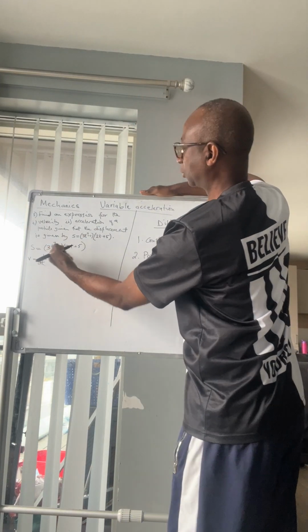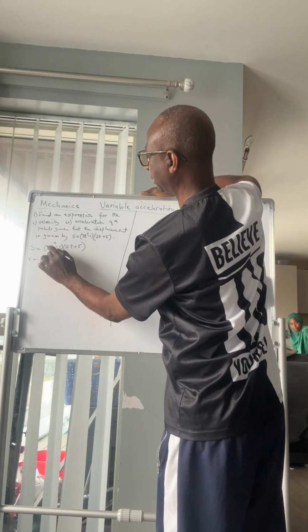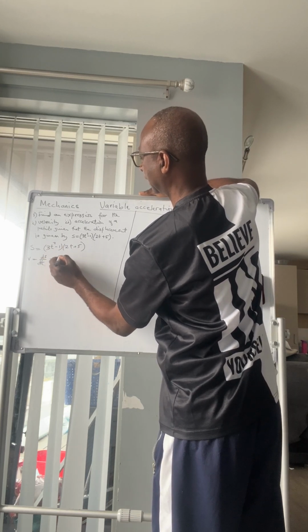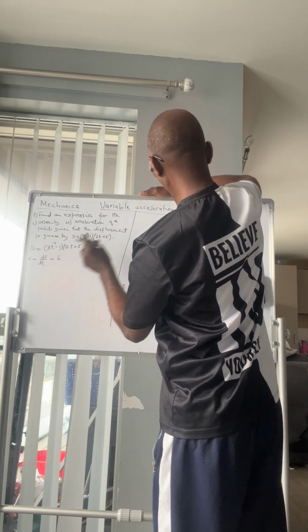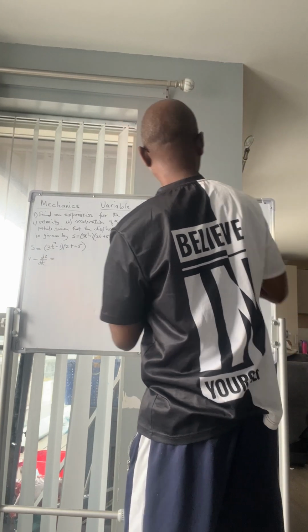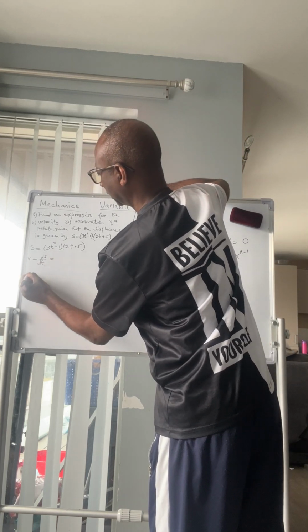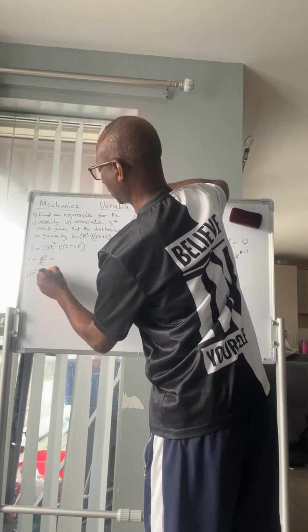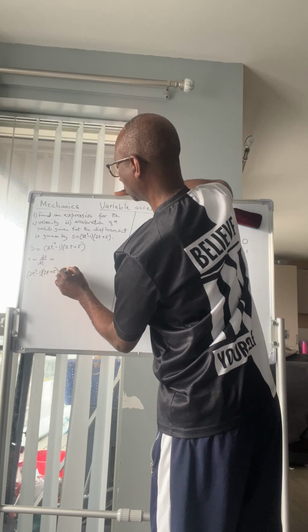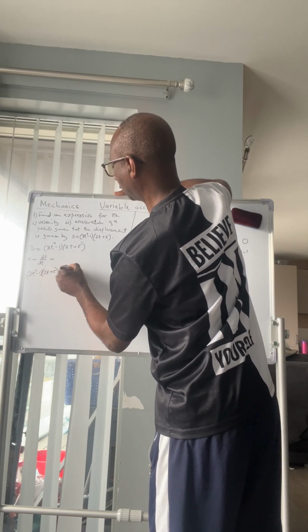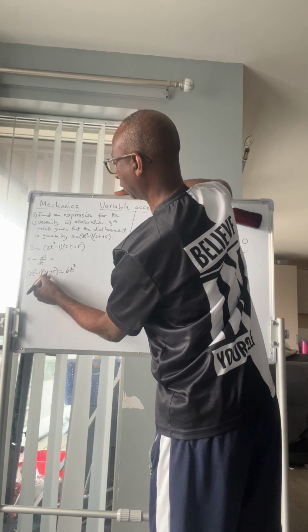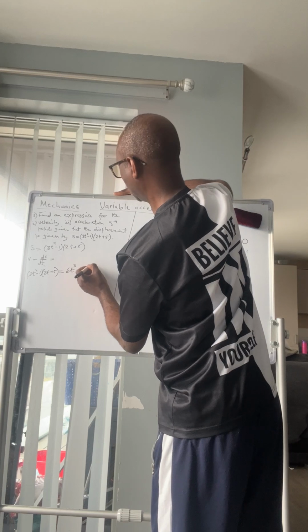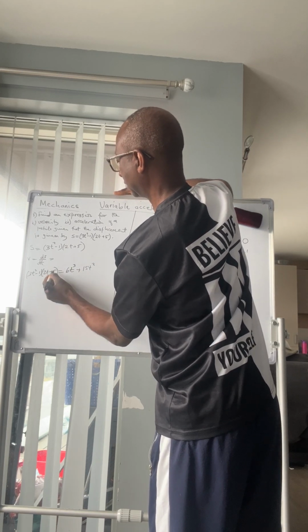So if you now want to distribute this function, 3t squared times 2t, you're getting 6t cubed. 3t squared times 5 gives you 15t squared.